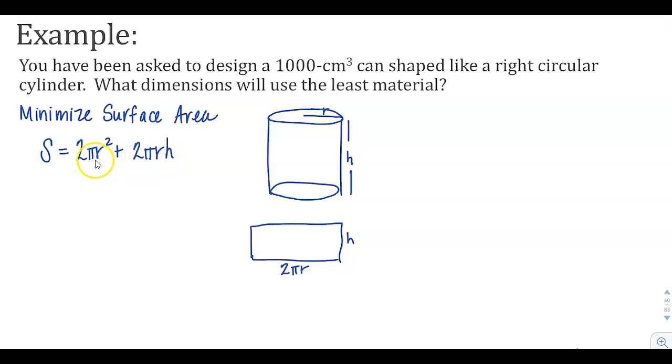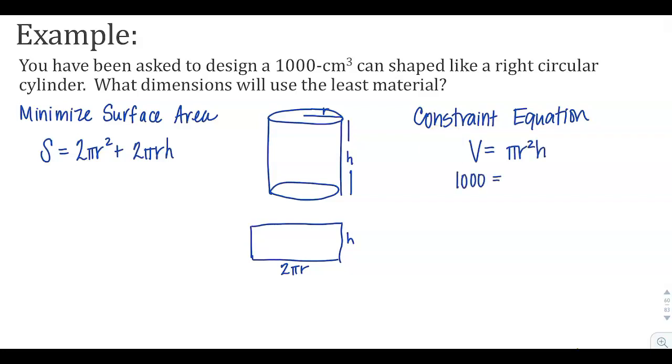Now currently it has two variables in it. I have r and I have h. So what I want to do now is think about my constraint equation. I have a restriction. The design has to be only 1,000 centimeters cubed. That's a volume. So I have my constraint equation. So we're going to start out with the generic volume formula, which is pi r squared h, but we know the volume is 1,000.